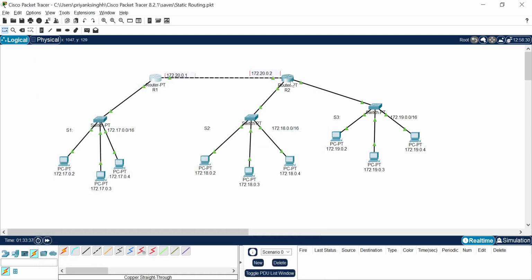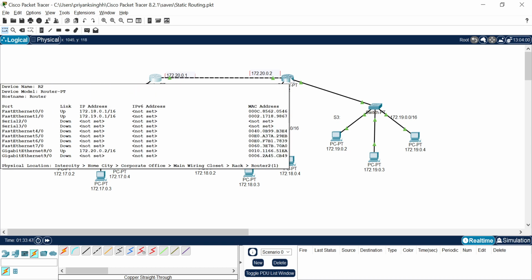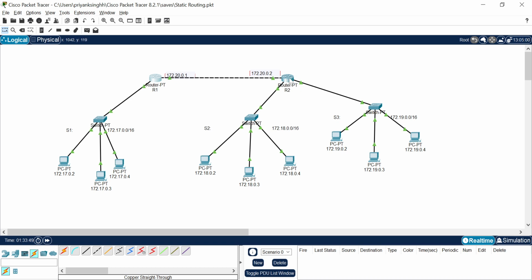Similarly, I have to enter an entry for my network 1, that is 172.17.0.0, at R2. If any packet received at R2 has a destination IP address that belongs to 172.17, it gets forwarded to R1 with 172.20.0.1 as the next hop value.